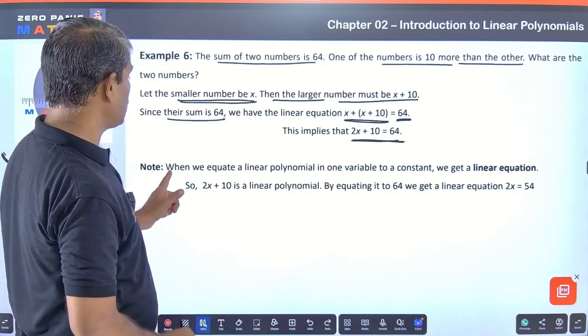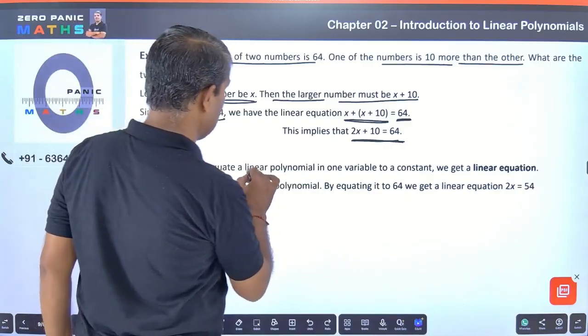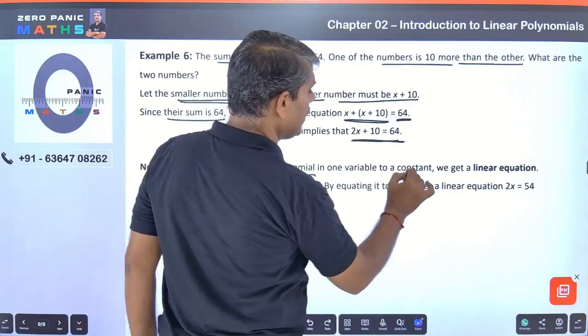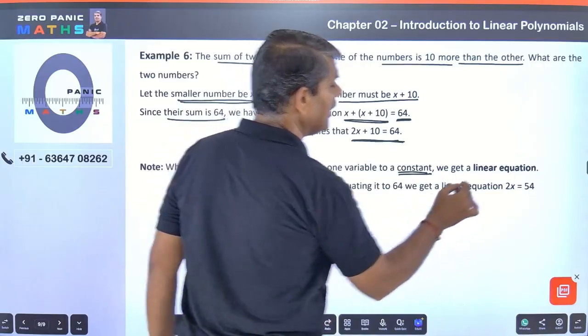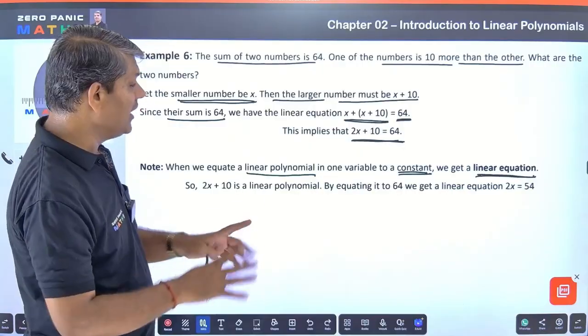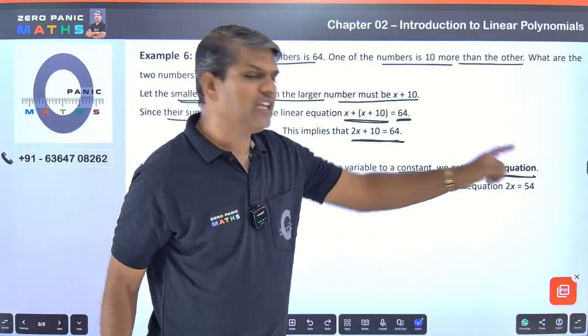Now you should note that when we equate a linear polynomial in one variable to a constant, we get a linear equation. There are two definitions in this statement: linear polynomial and linear equation.